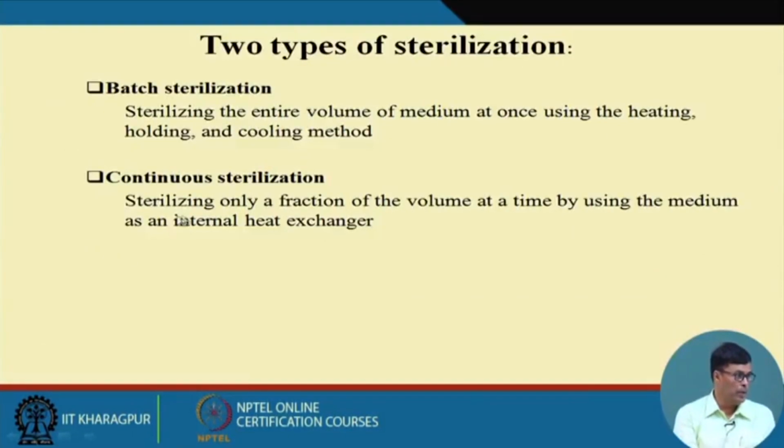And continuous sterilization means sterilizing only a fraction of the volume at a time by using a heat exchanger. Now, the basic difference between batch and continuous sterilization: in batch sterilization, the entire volume of the media is treated at once, with heating, holding and cooling.